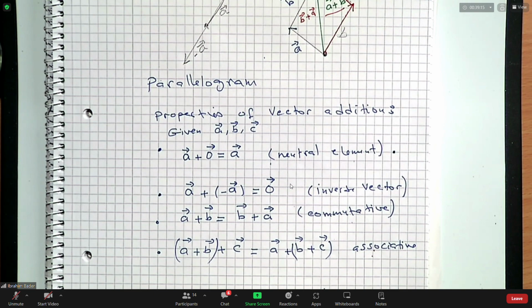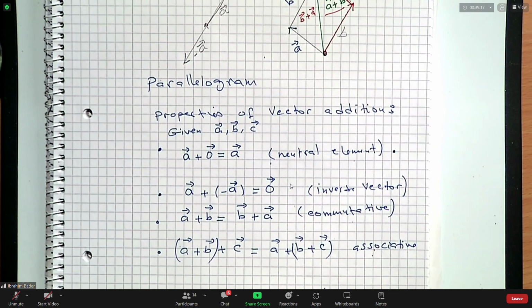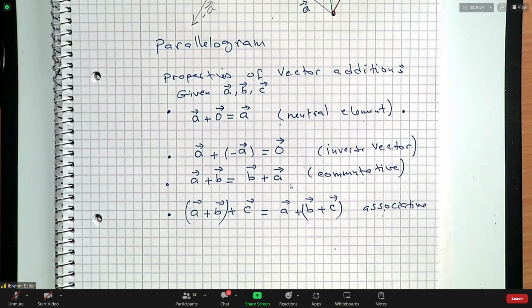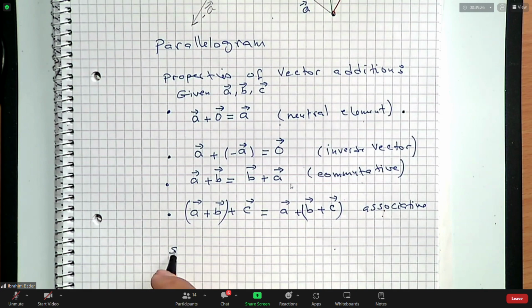And notice that here, subtraction can be defined as adding a vector.